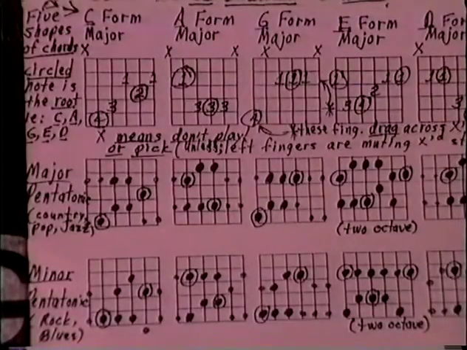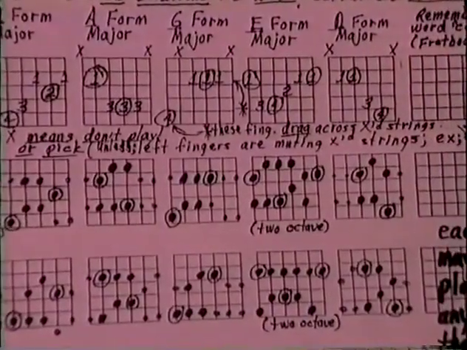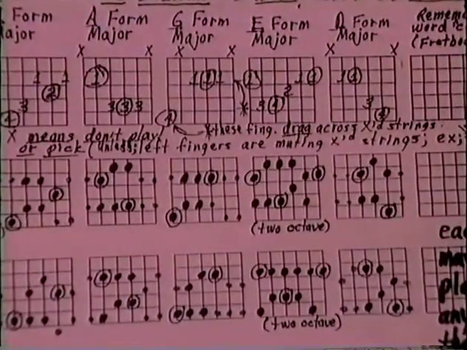Okay, moving on over a little further to the right, we see we have an E form, and on the same site we have a major pentatonic scale, and we also have a minor pentatonic scale. The most interesting thing, in the bottom center of your screen, the E form minor pentatonic scale, which is the second one that is clearly seen from the left, is the most common scale shape that everyone knows because it's the one that is most frequently taught.